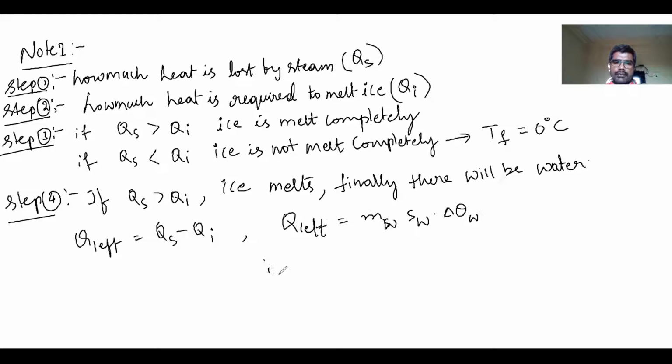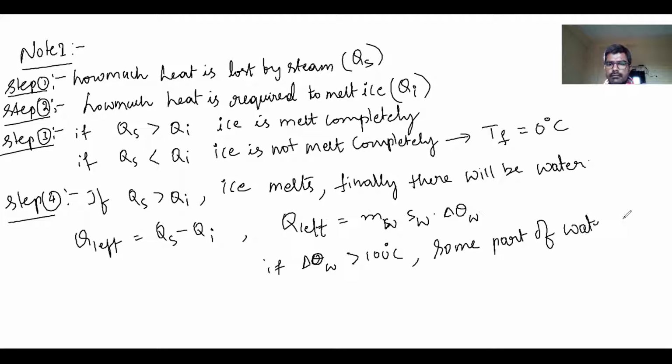Remember, if delta theta, the change in temperature of water, is greater than 100 degrees Celsius, some part of water converts to steam. Therefore, final temperature is equal to 100 degrees Celsius.